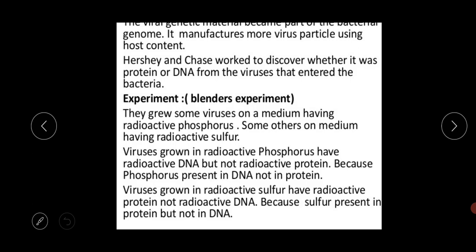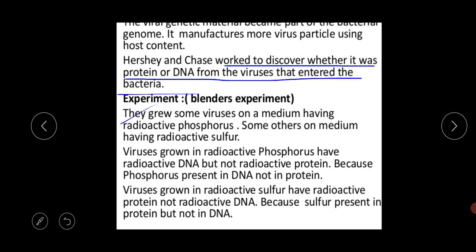After that, Hershey and Chase worked to discover whether it was protein or DNA from the viruses that entered the bacteria. They conducted their blender experiment on the T2 bacteriophage, which attacks the bacterium Escherichia coli, and the phage particles were prepared using two types of radioisotope.